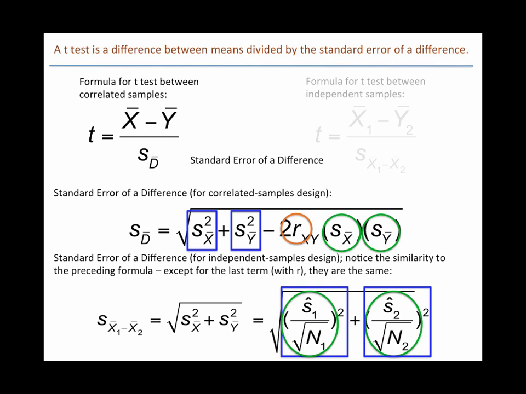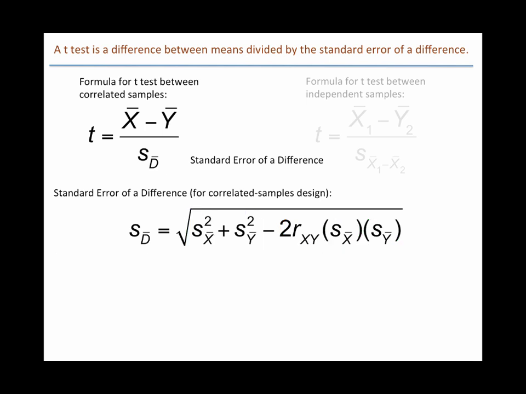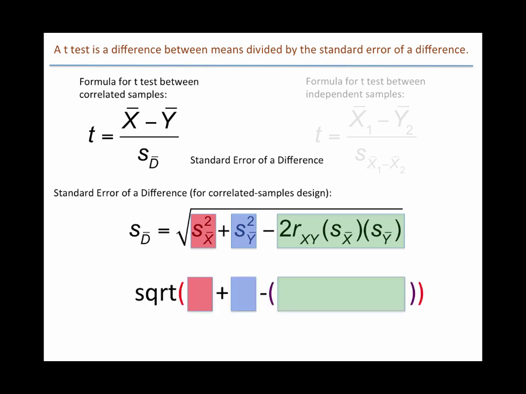Before we go back to Excel, just to make sure we are all together, let's take a look at how we're going to do this in Excel, what the formula construction will look like. And so consider these 3 parts of the denominator. And I've color-coded them to try to show the grouping. In Excel, what we're going to be doing is taking the square root of the entire thing. So you can see where I have a set of parentheses in red.